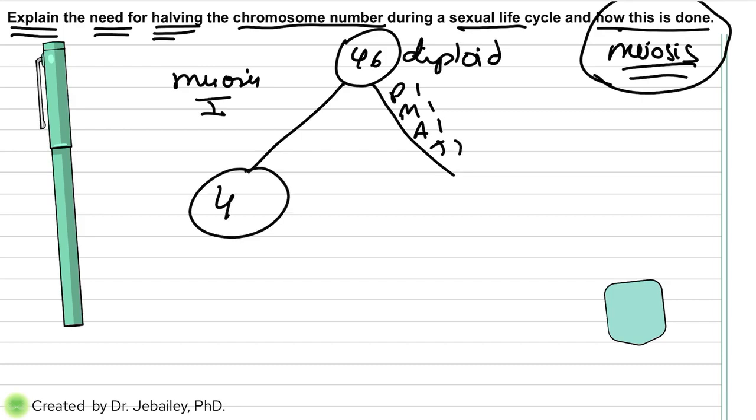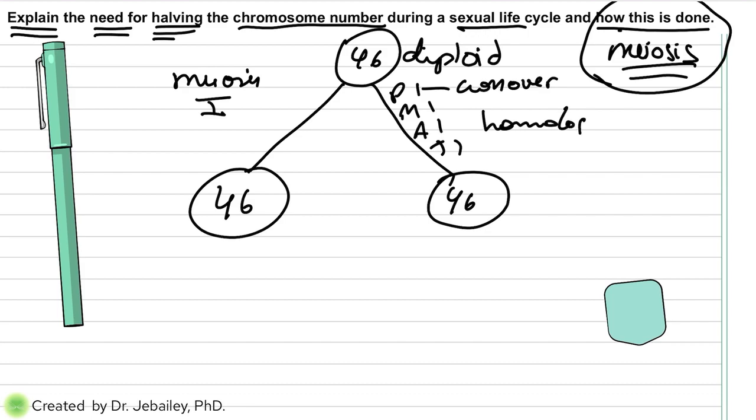And then you have a 46 and 46, and usually prophase here is where you have the crossover. Through all this process, you are using the words homologous chromosomes. So homologous chromosomes line up in the middle, homologous chromosomes separate, and so forth.